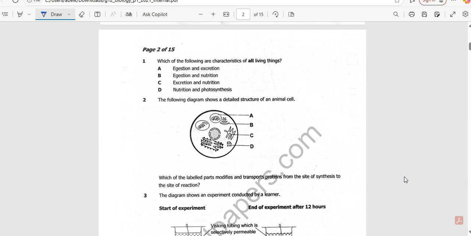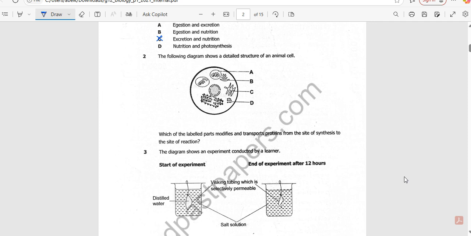So this is our answer, in the sense that excretion and nutrition are some of the characteristics of living organisms, while photosynthesis is not a characteristic, but nutrition it is. Then egestion is under nutrition, so the answer is C.